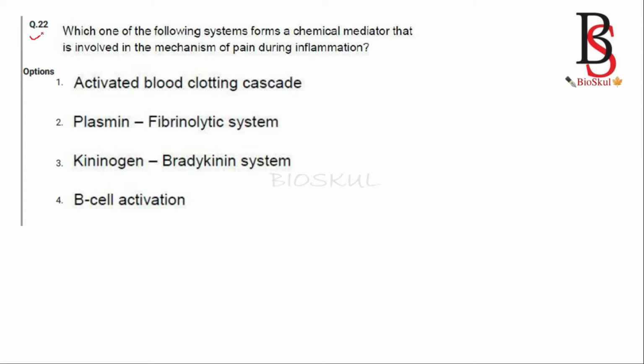Question number 22. Which one of the following forms a chemical mediator that is involved in the mechanism of pain during inflammation? When it comes to pain, the one thing that comes into our mind is the kinin system. The kinin system is related to inflammation. So what is the correct answer? That is kininogen and the bradykinin system.